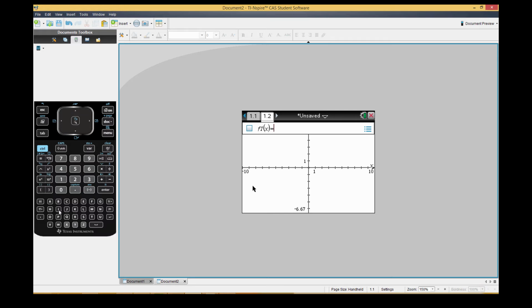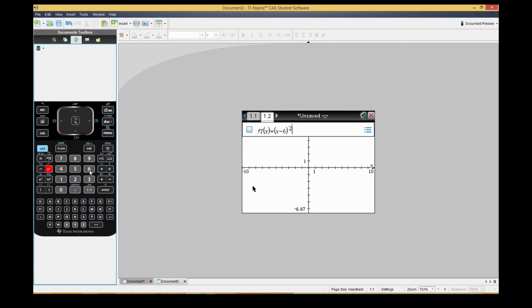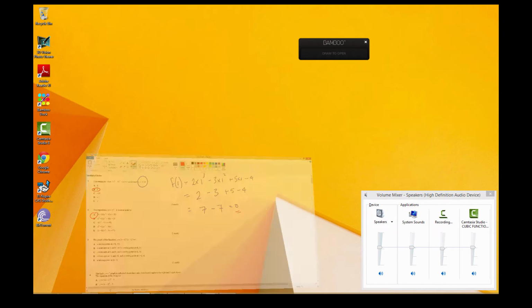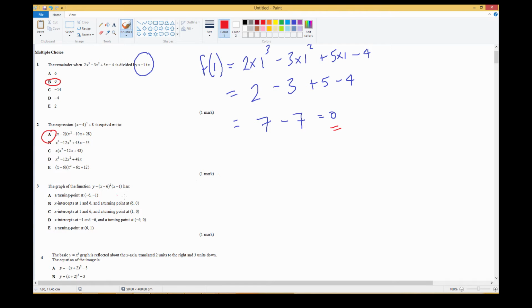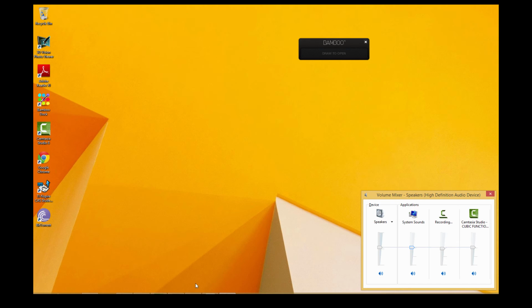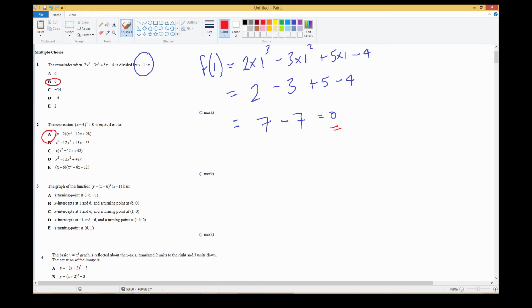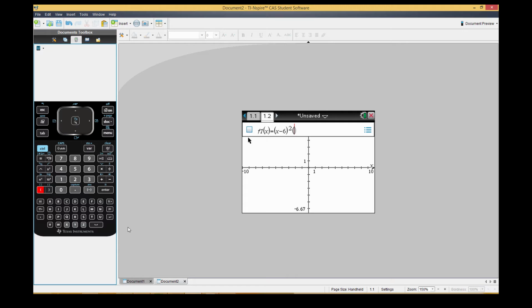There we go. So it's in brackets x minus 6 squared, and what's the rest of it? x minus 1.